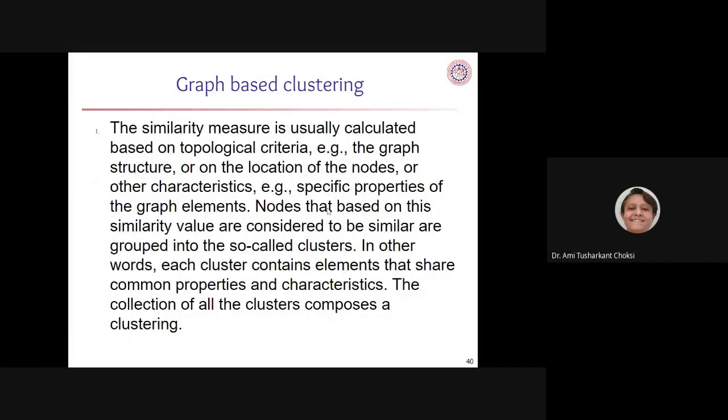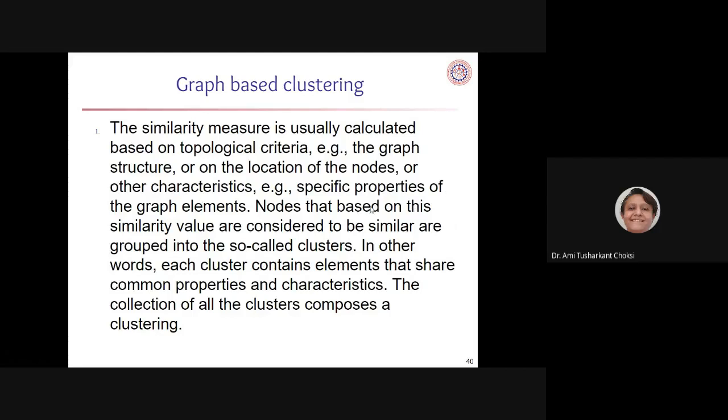The similarity measure is usually calculated based on topological criteria, for example the graph structure, or on the location of the nodes or other characteristics, for example specific properties of the graph elements.